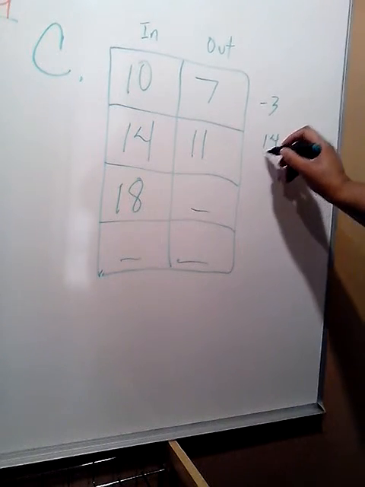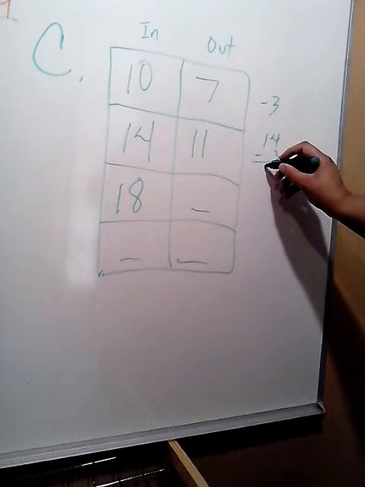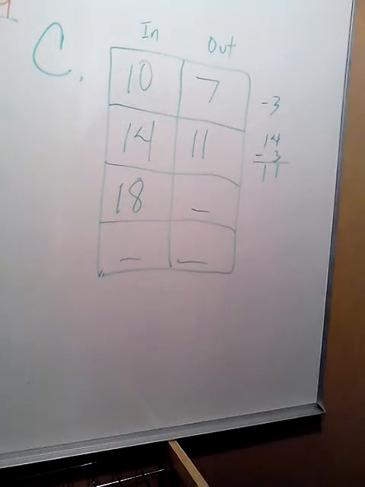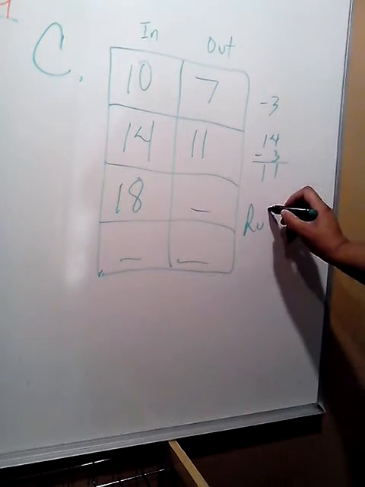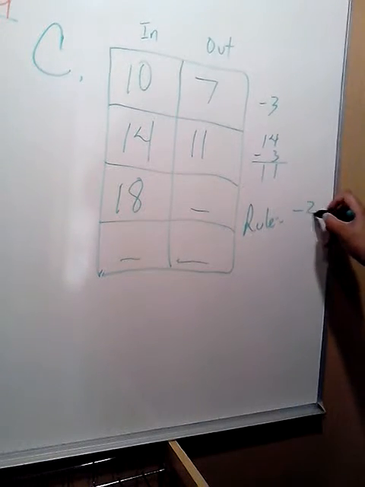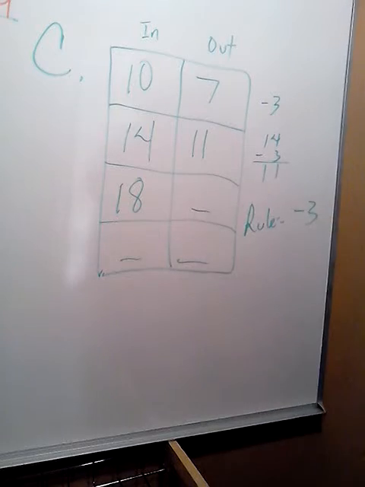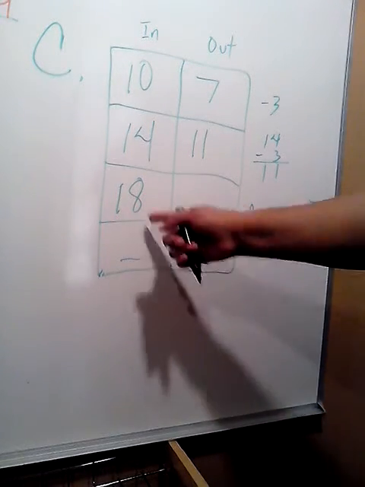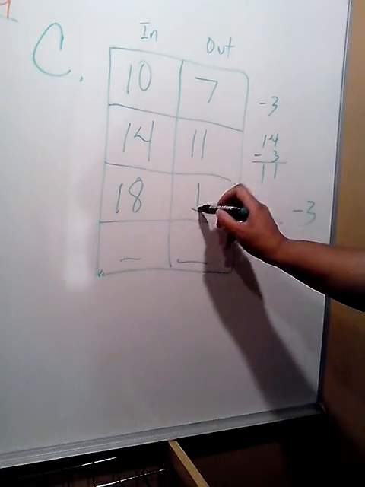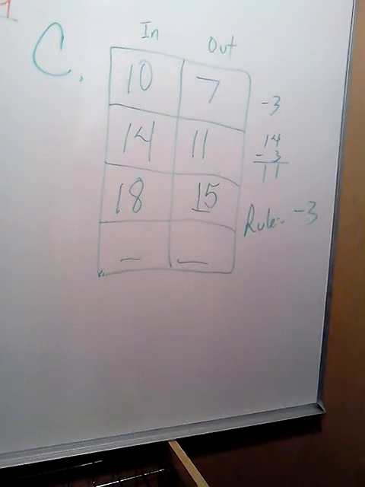What's 14 minus 3? 11. So our rule is minus 3. If our rule is minus 3, what answer goes here? Well, 18 minus 3 is 15.